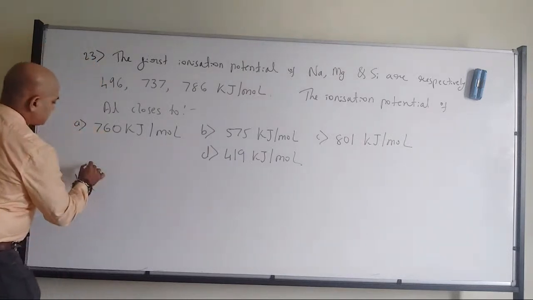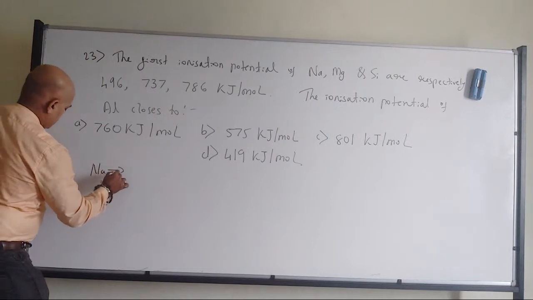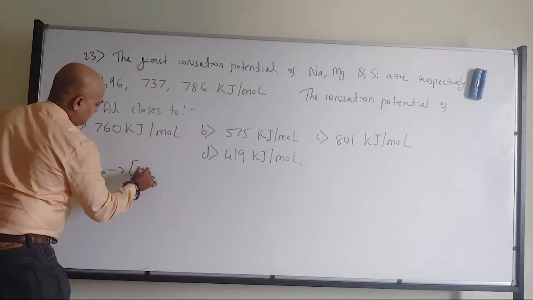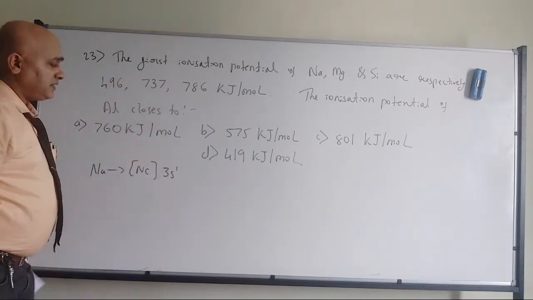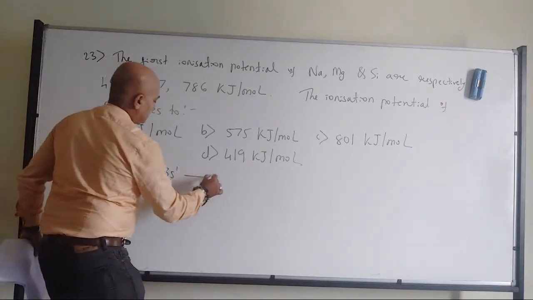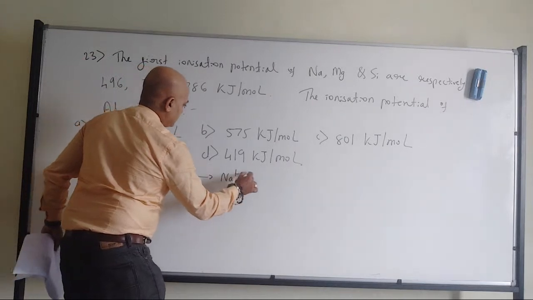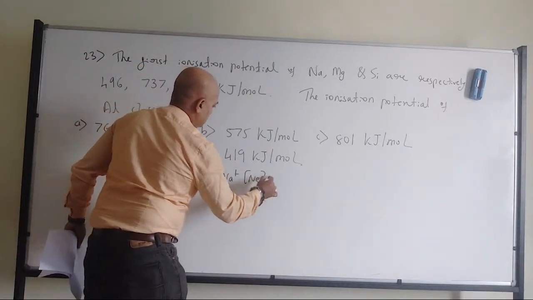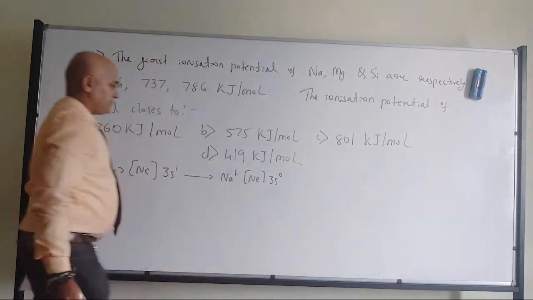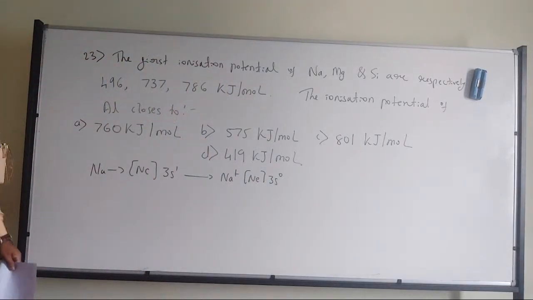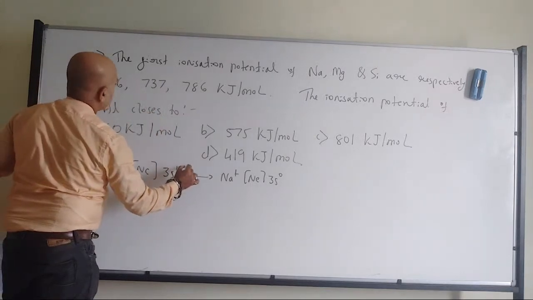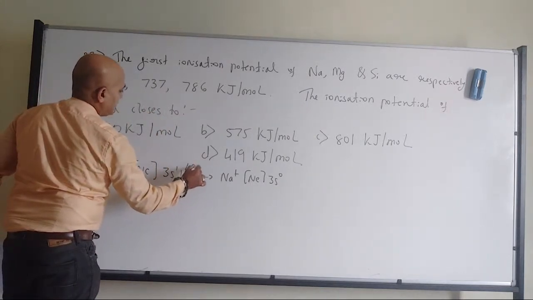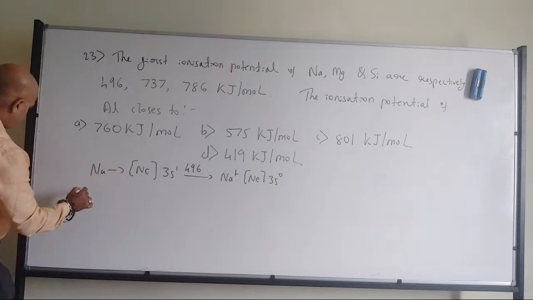Now when it comes to sodium, it has the electronic configuration neon 3s1. Right? So when it is converted into Na plus, that is neon 3s0. From the s subshell, electrons are getting removed. That value is 496 kilojoules per mole.